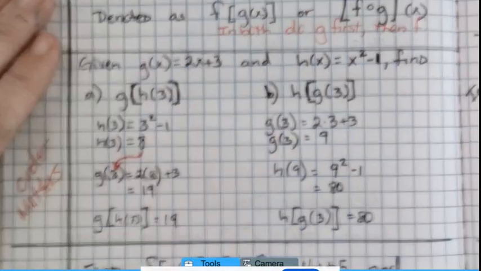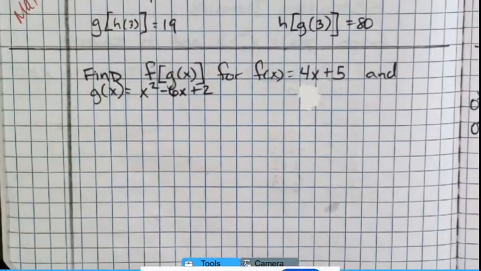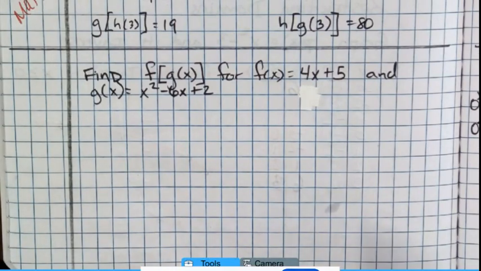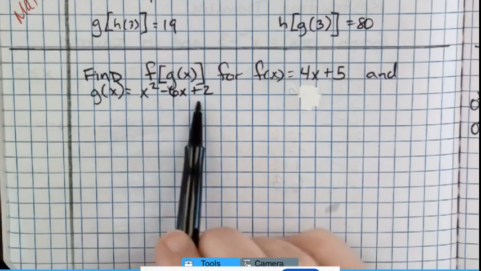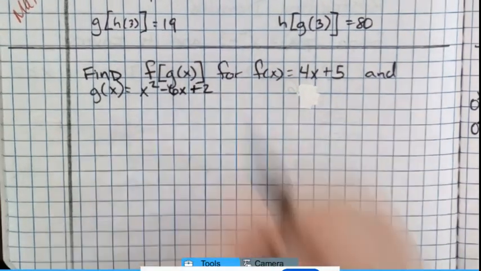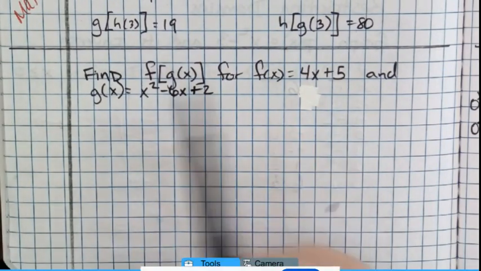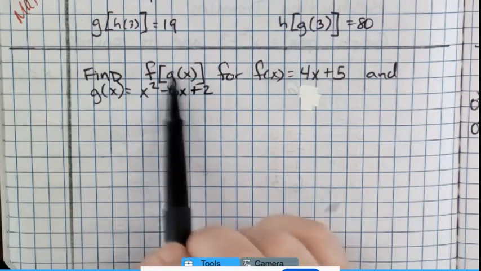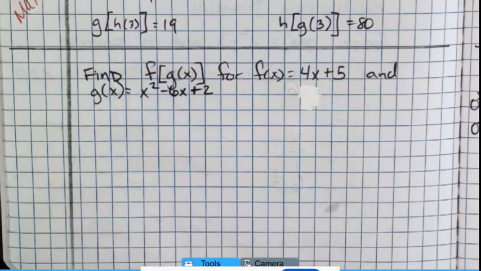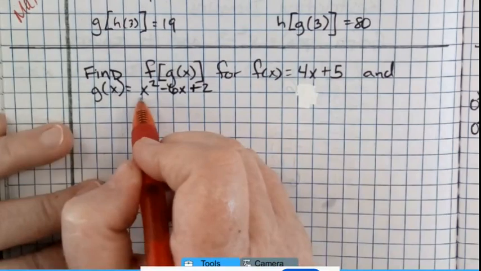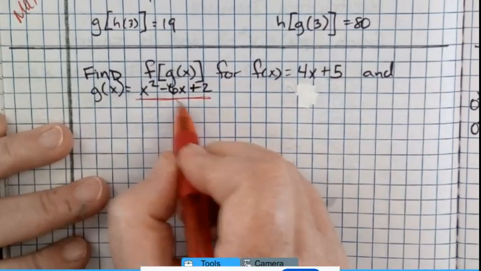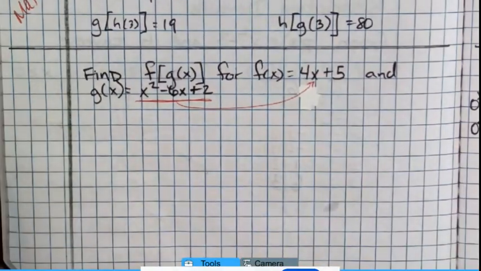So if we're just dealing with functions, here's the next problem. Find f of g of x for f of x is equal to 4x plus 5, and g of x is equal to x squared minus 6x plus 2. That's plus 2 right there. So in this problem, this is asking us to plug g into f. So this whole thing is our input into f.